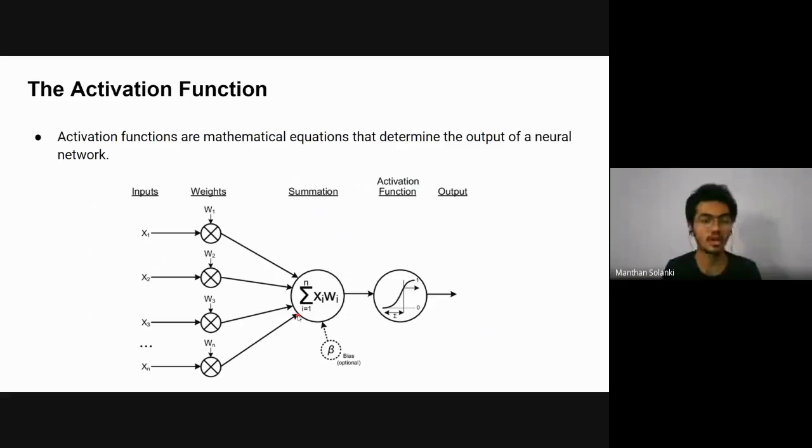Now let's look at the activation function. What is the activation function? Activation functions are mathematical equations that determine the output of a neural network, right? What is the meaning of determining the output of a neural network? I just want to give you a brief idea.